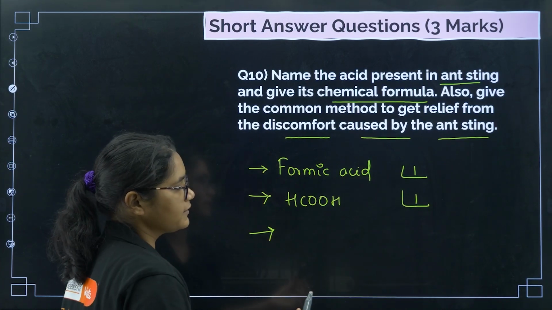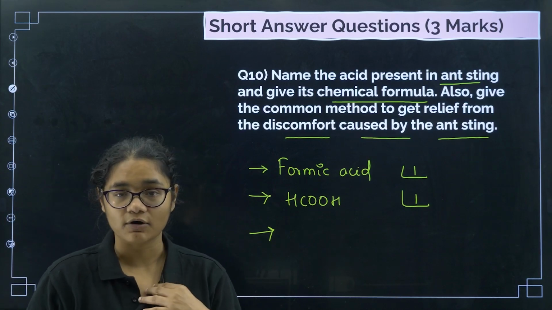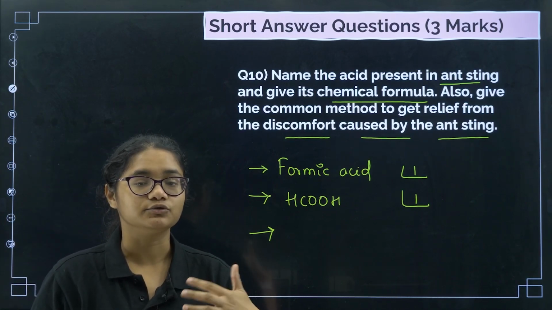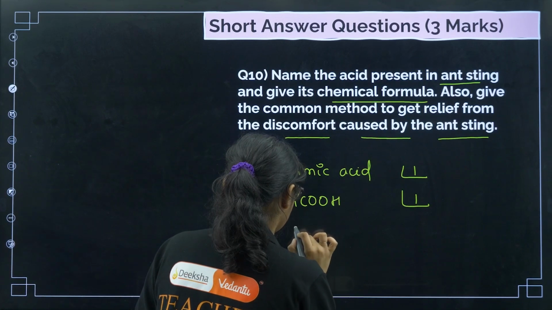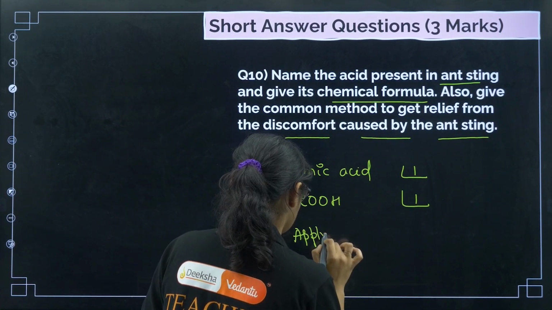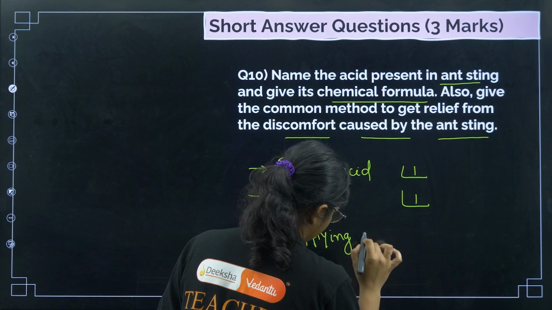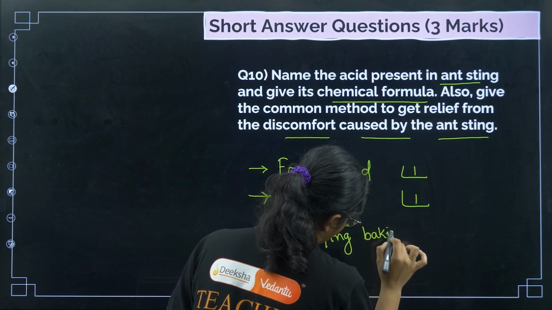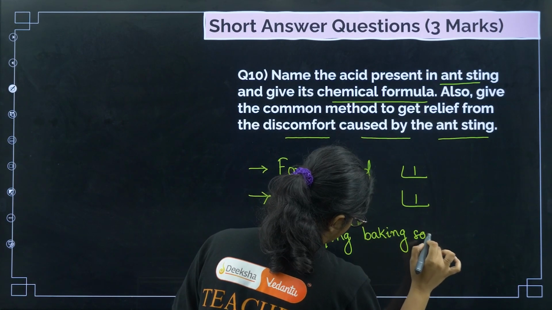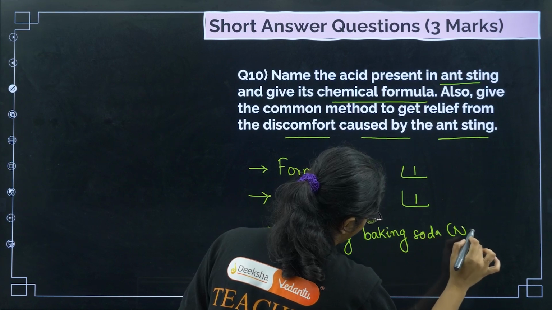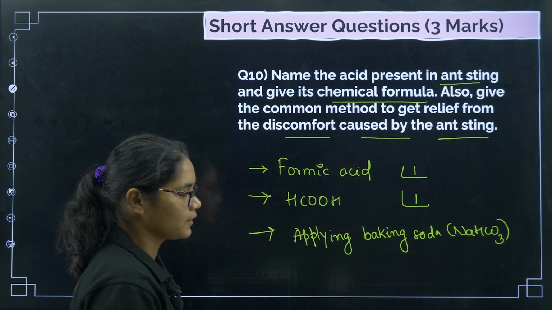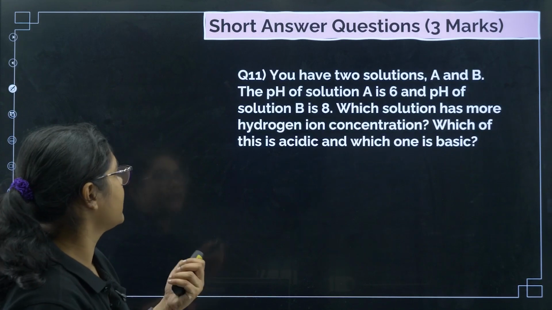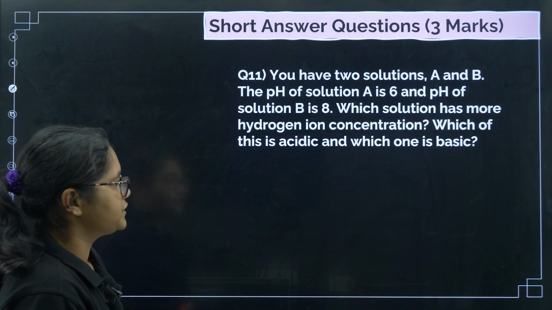And then how to get relief? We have just studied in the uses of baking soda, that it is used to treat these ant stings and all, right? So that you can write by applying baking soda, or I can say NaHCO3.